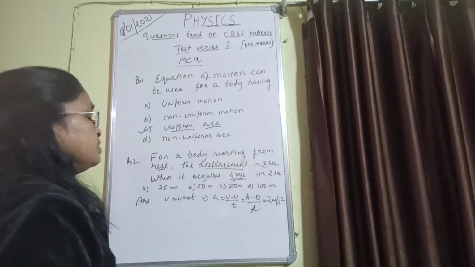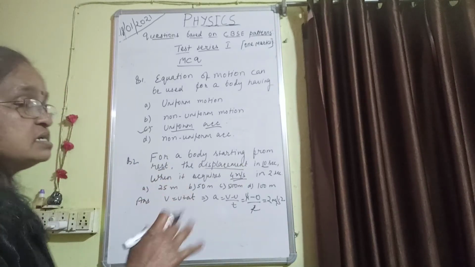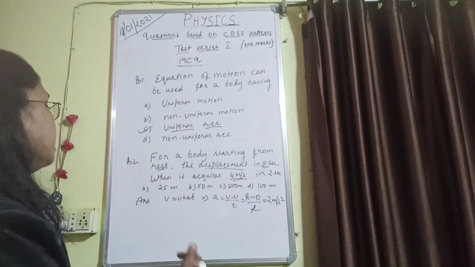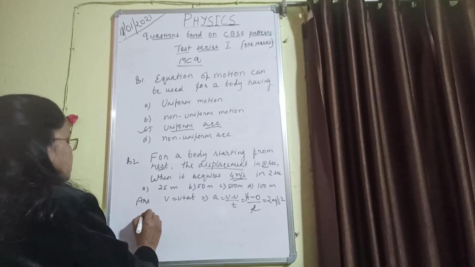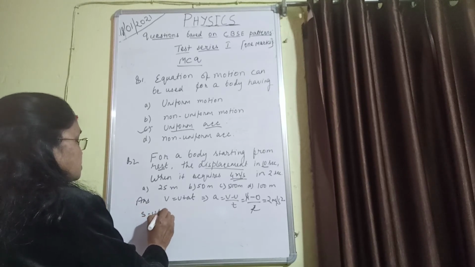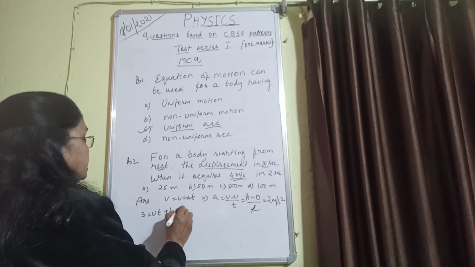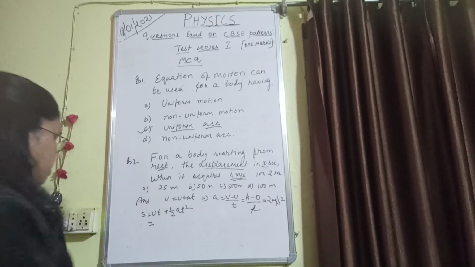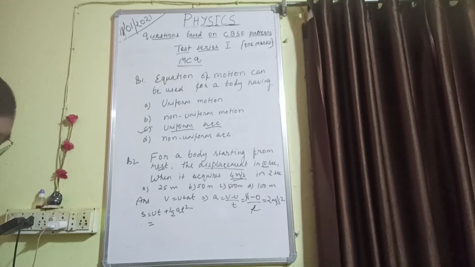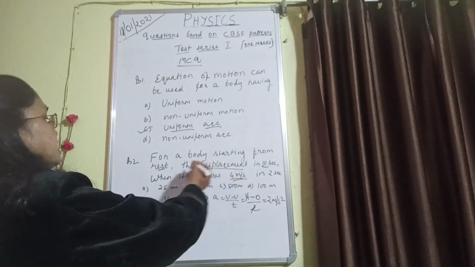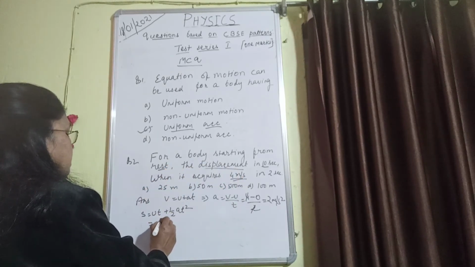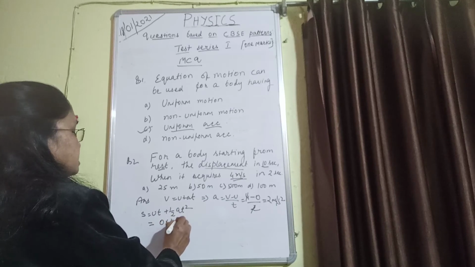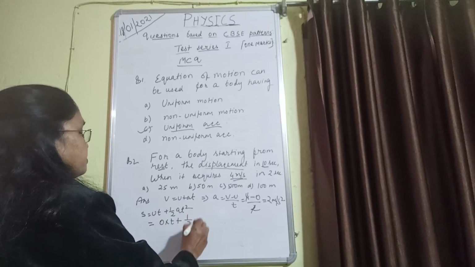Now we have to calculate the displacement, that is, the distance covered by the body. So for displacement, you know the formula, s is equal to ut plus half at square. Naturally it starts from rest, so u is 0, and 0 into t is nothing, plus half.